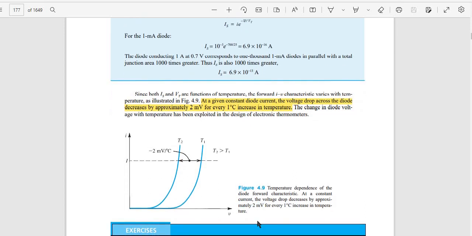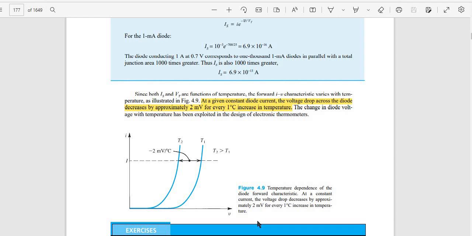Since both IS and VT are functions of temperature, the forward I-V characteristic varies with temperature, as illustrated in figure 4.9. At a given constant diode current, the voltage drop across the diode decreases by approximately 2 millivolts for every 1 degree Celsius increase in temperature.